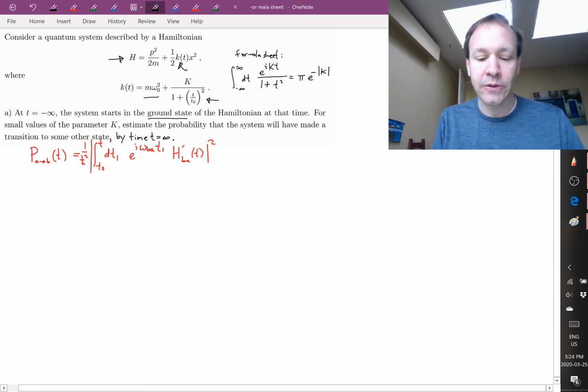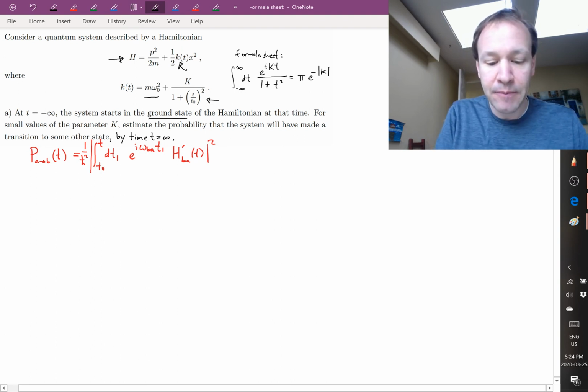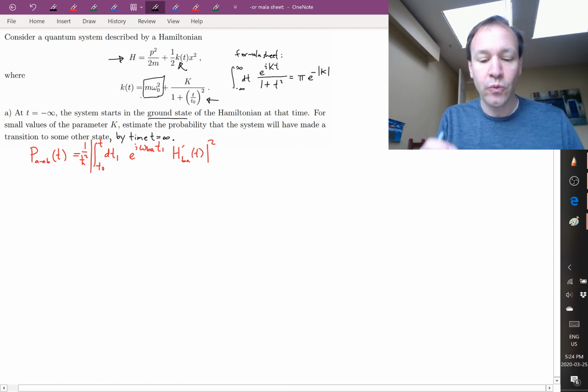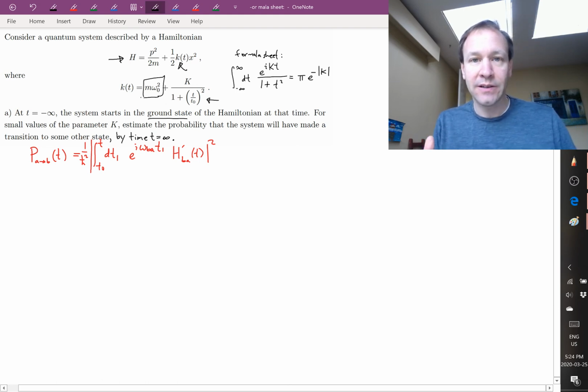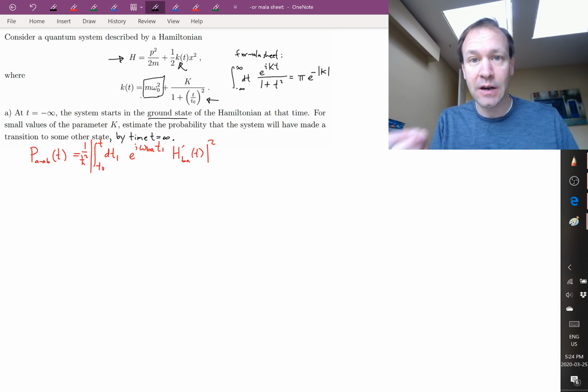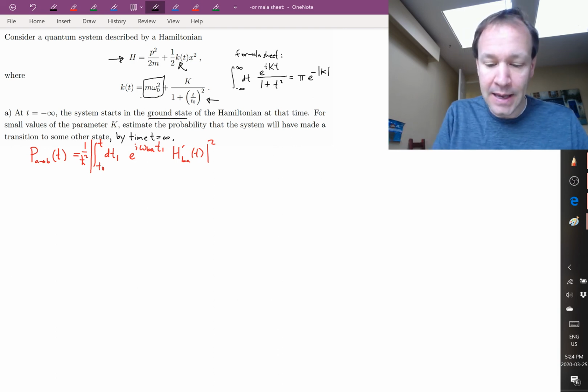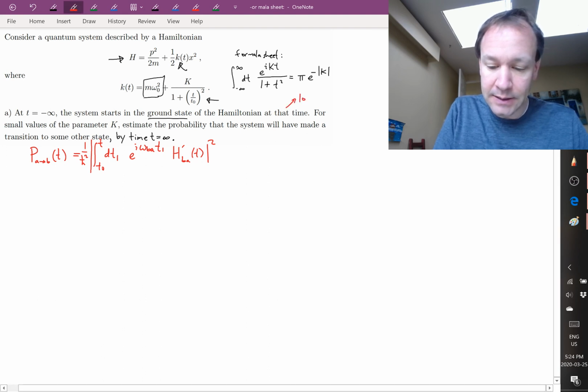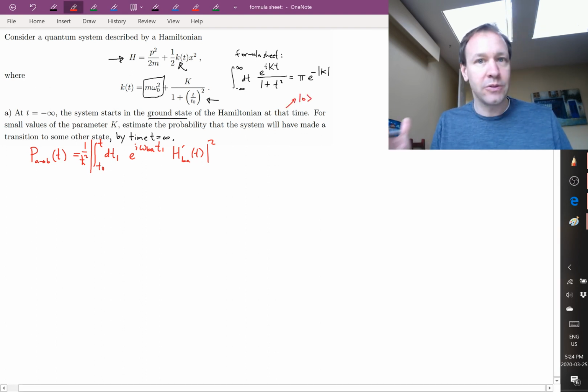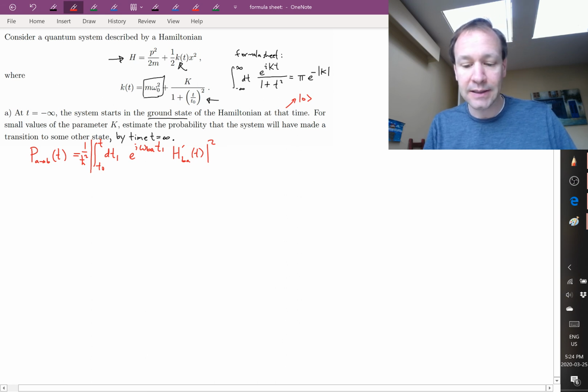The Hamiltonian at that time has just k of t equals m omega 0 squared, so it's the ordinary harmonic oscillator Hamiltonian with frequency omega 0. Our ground state at that time is just the usual 0 state for the harmonic oscillator.